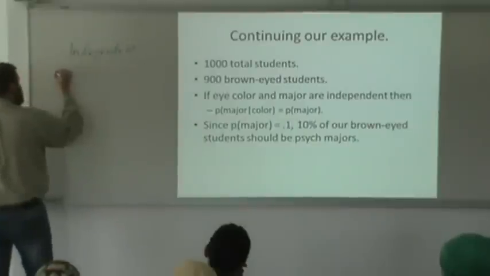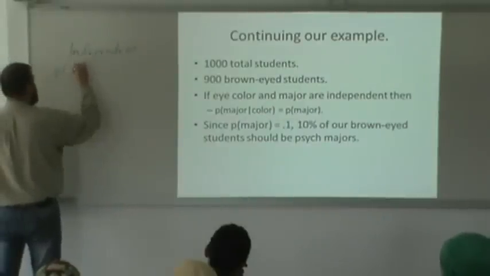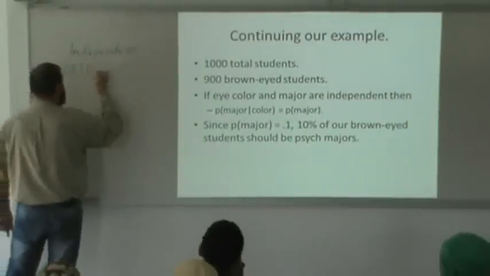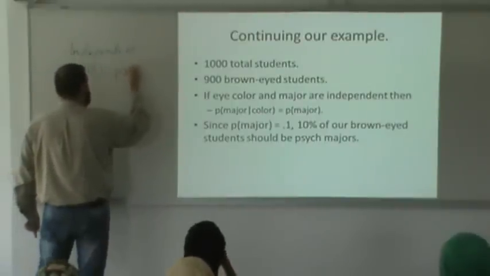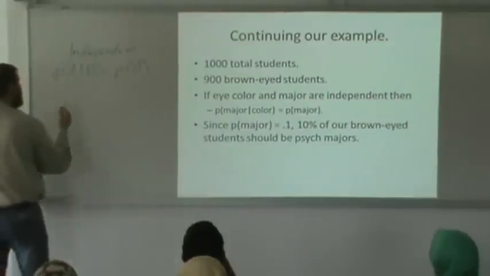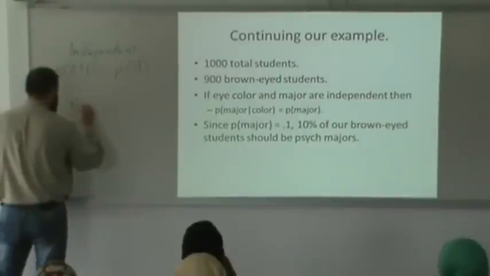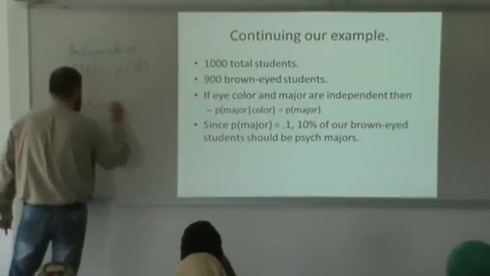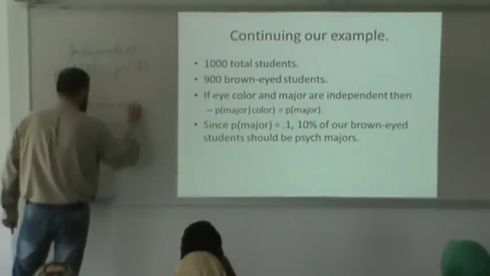So we said if things were independent, then the probability of A given B is just the probability of A, right? Now, for our example, we said that psych and eye color are independent.